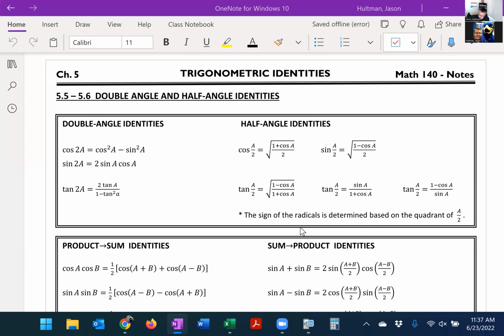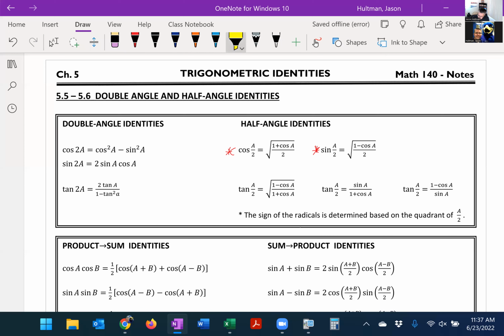Now these two, I'll star them and maybe even highlight them. I'll wait to highlight until I show you what I want you to take from this.